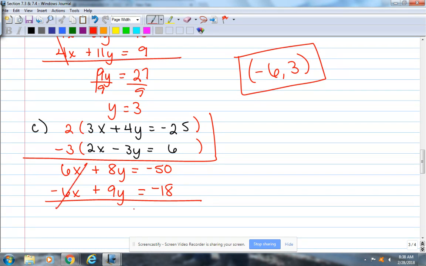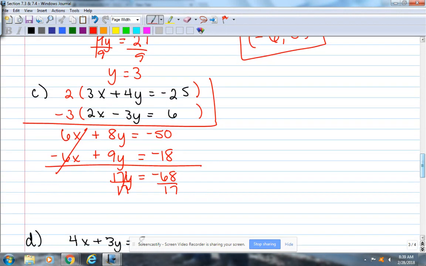And 8y plus 9y is 17y. But if you did the negative the other way, you have negatives. Negative 50 minus 18 is negative 58. And I divide by 17. And we should all get the same answer here. Negative what? Everybody should have got negative 4 no matter where they put their negatives, right?